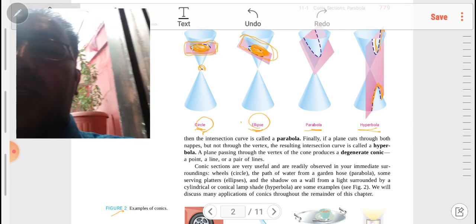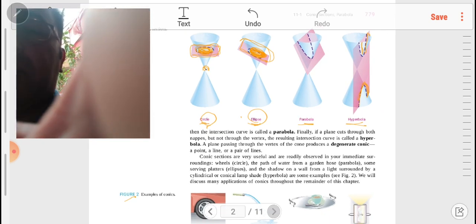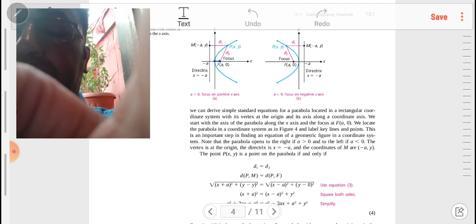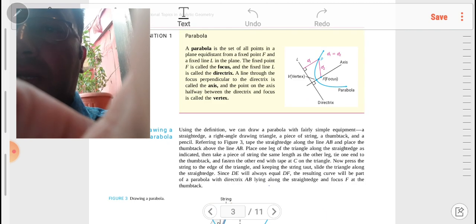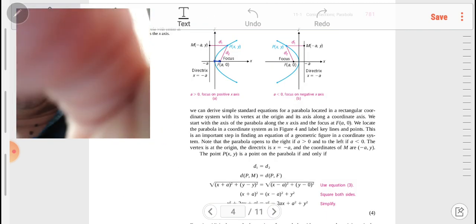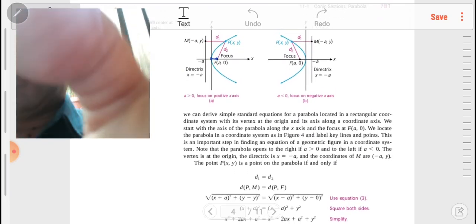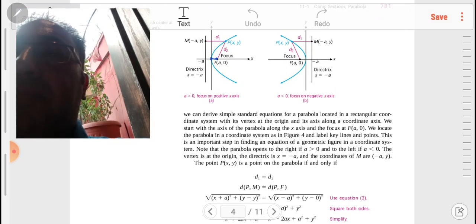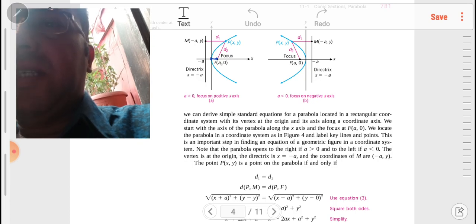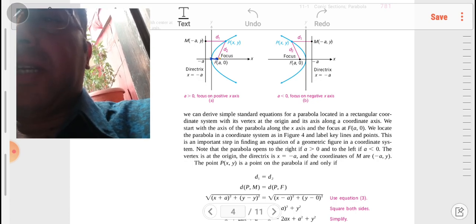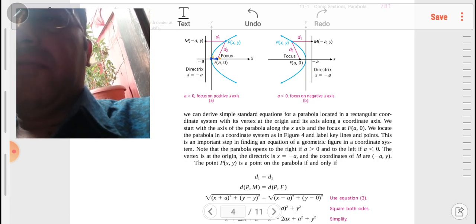So let's start first to learn about the parabola conic section. The parabola may be horizontal, may be vertical. If the parabola is horizontal, it has a focus here and a vertex.